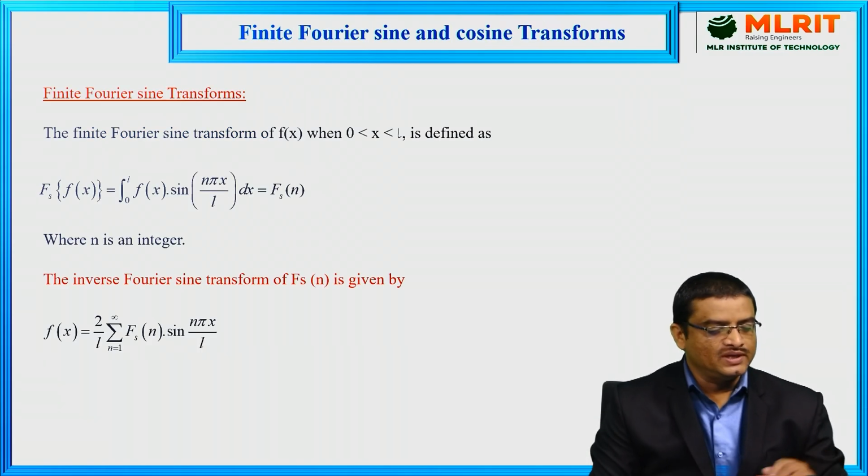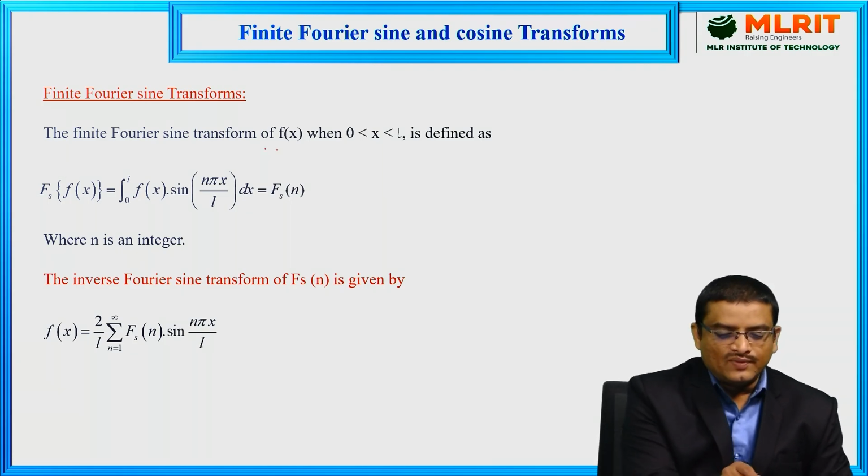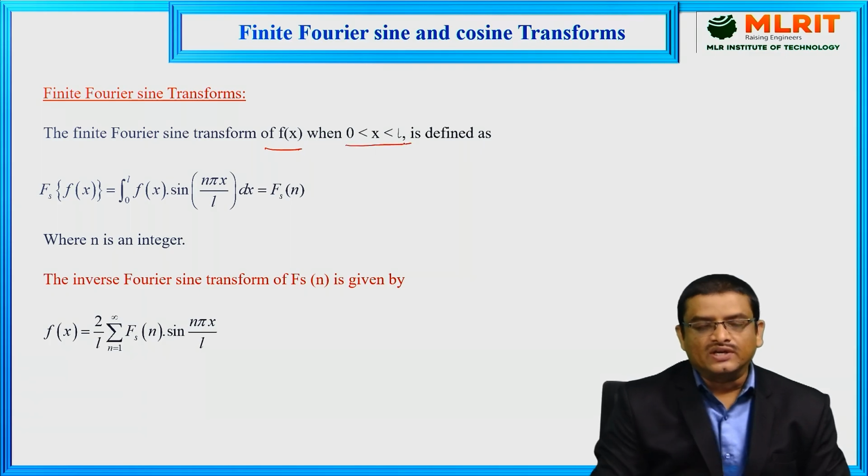First we will take the finite Fourier sine transform here. In the previous video we discussed the infinite Fourier sine transform, and in this video we are discussing the finite Fourier sine transform. Whenever we want to apply the finite Fourier sine or cosine transform, along with the function we have to get some initial condition.